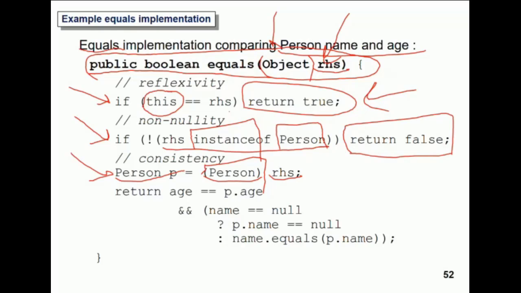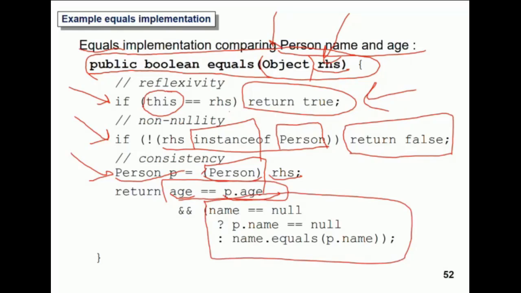Then you just return the result of checking every single parameter. So is age equal to p.age, and is name equal to p.name, separated by an and. You're just returning the result of this logical expression. So for this to return true, this must be true and this must be true.